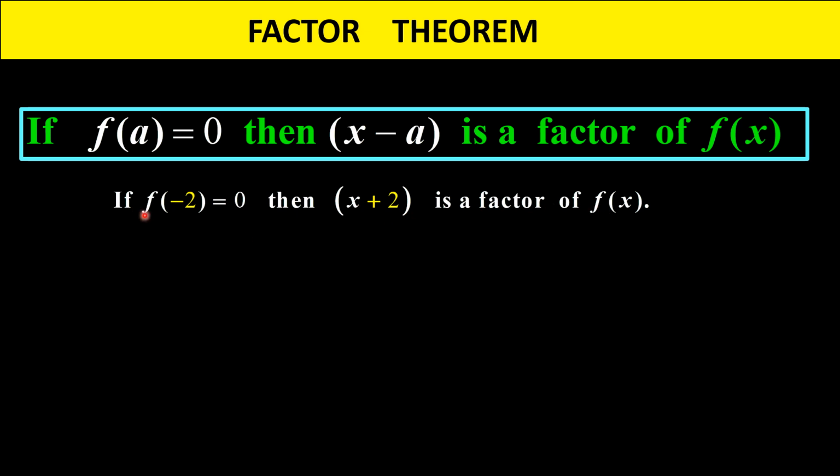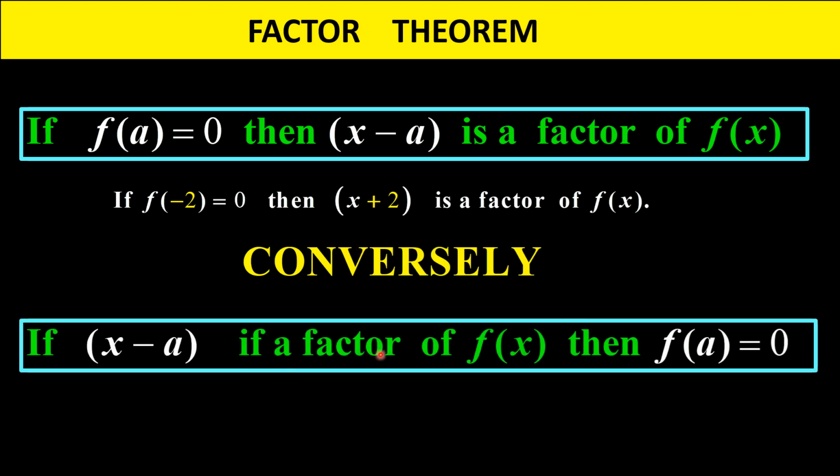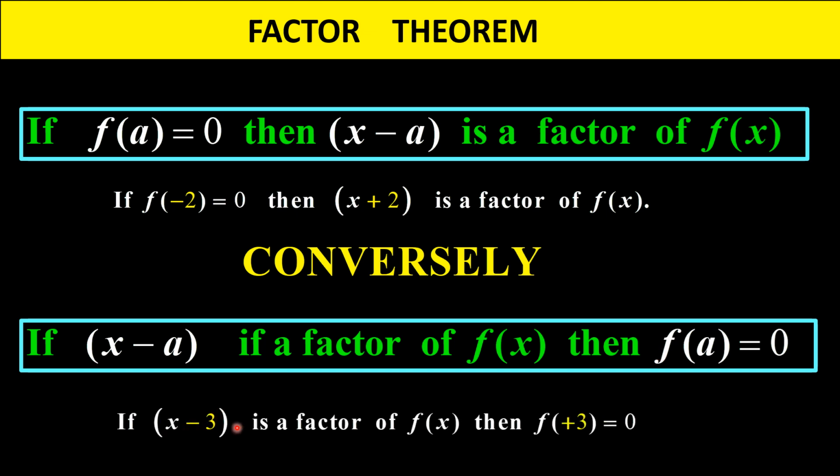Similarly, if f(3) is equal to 0, then x minus 3 is a factor of f(x). Conversely stated, if x minus a is a factor, then f(a) is equal to 0. For example, if x minus 3 is a factor of f(x), then f(3) is equal to 0.